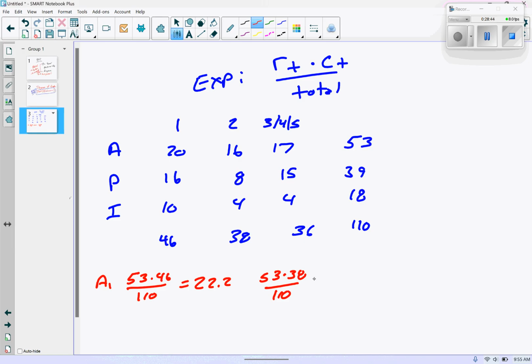So 18.3. And where it's going to change is in the last category for the 3, 4, 5: 53 times 36 divided by 110. So now it's up to 17.3, and it would continue as you go through and do the rest of it.